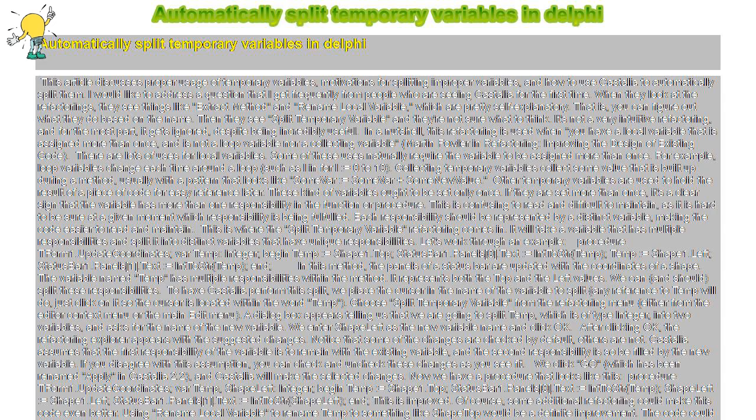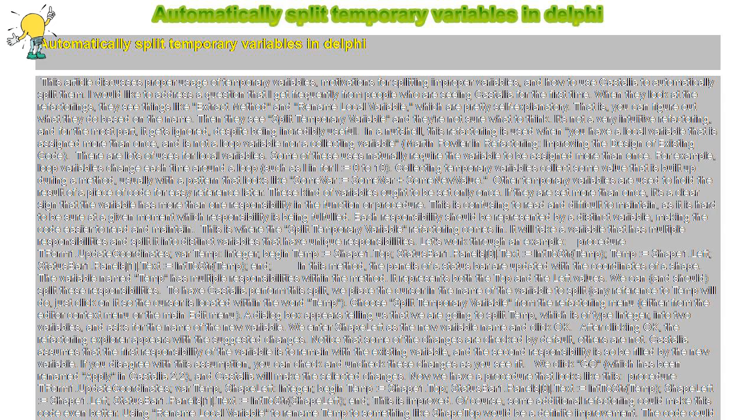Then they see split temporary variable and they're not sure what to think. It's not a very intuitive refactoring, and for the most part, it gets ignored, despite being incredibly useful.